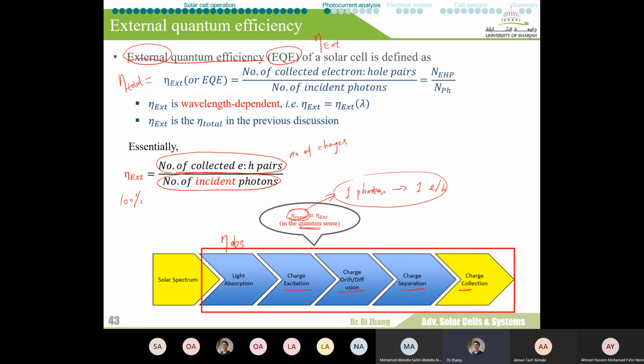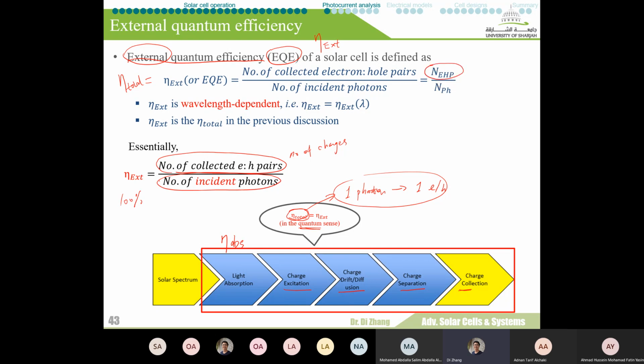And with this definition, now we can have a parameter that will give us the overall conversion performance of the solar cell. The number of electron and hole pairs, typically we call this capital N EHP.